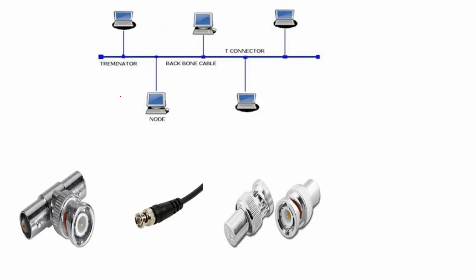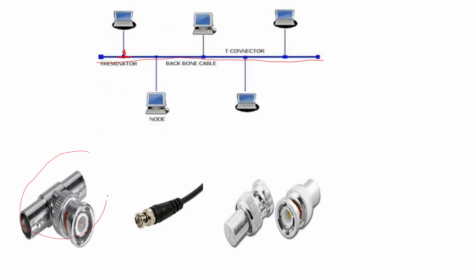This is bus topology. It looks like this. We have a backbone cable here. It's a centralized cable and all the devices are connected to this backbone cable, and in this backbone cable we have a T connector. You can see here it looks like this.